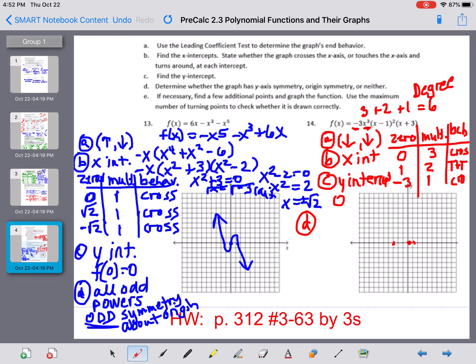I could multiply that all the way out if I wanted to. If you think about it, I'll kind of walk through here. This -x will switch power. This one will not. This one will. So we have some that'll change, some that won't. So yeah, we're going to be no symmetry on this one.